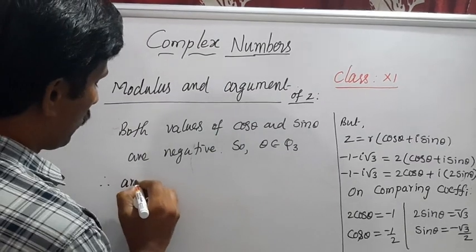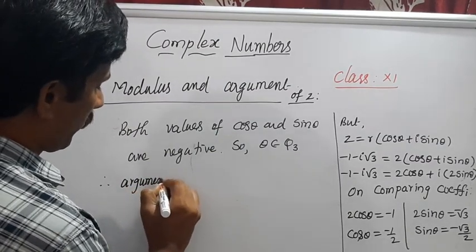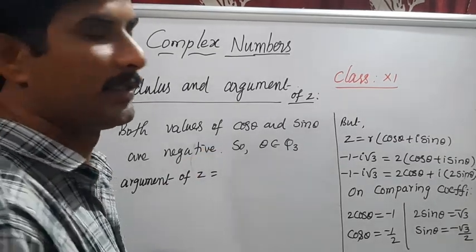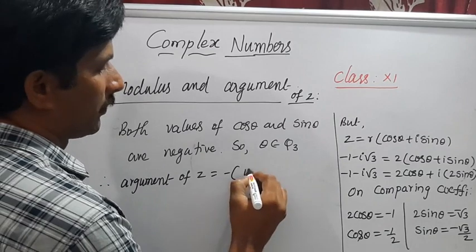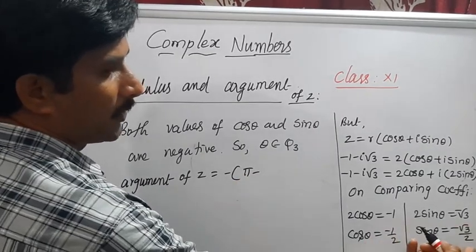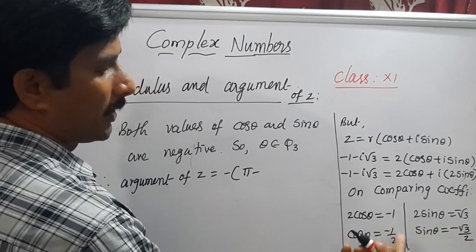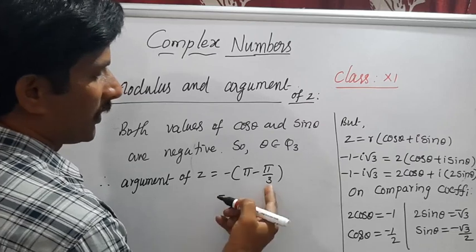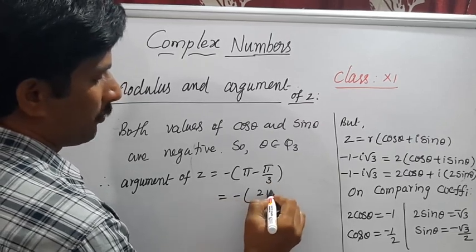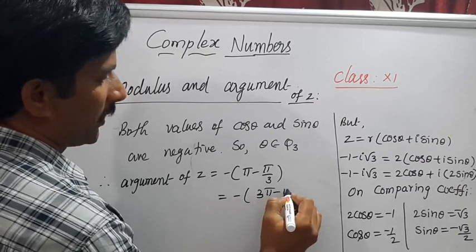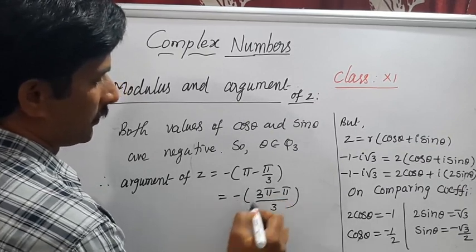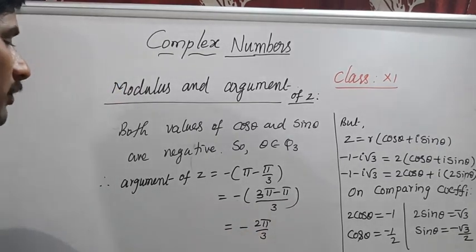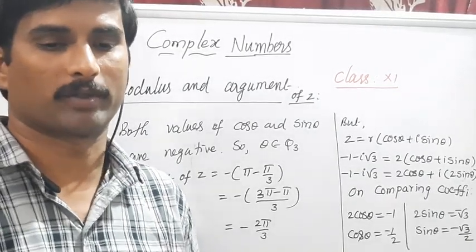Therefore, argument of Z is equal to minus of pi minus, this root 3 by 2 means that is nothing but 60 degrees value, or 1 by 2 means cos 60 degrees value, so that is pi by 3. So on simplifying, minus of 2 pi minus 3 pi minus pi by 3, that is equal to minus of 2 pi by 3. So this is the value of argument of the given complex number.